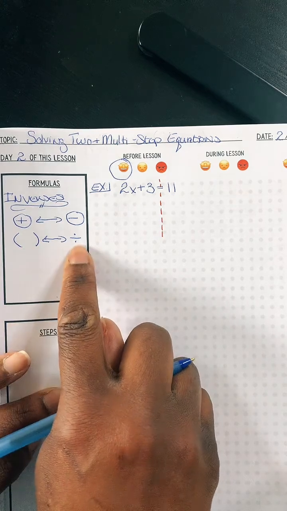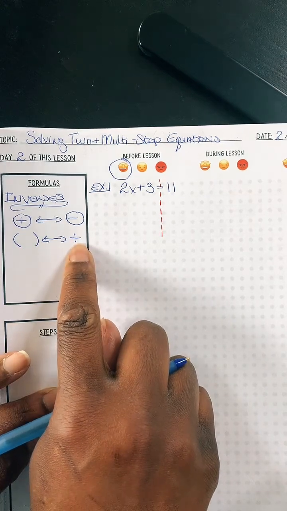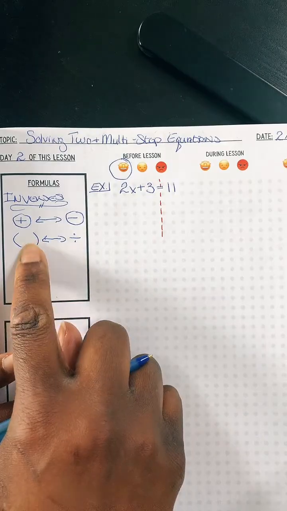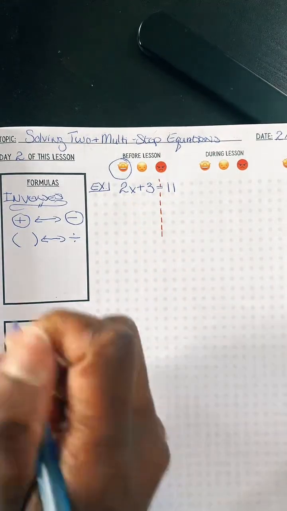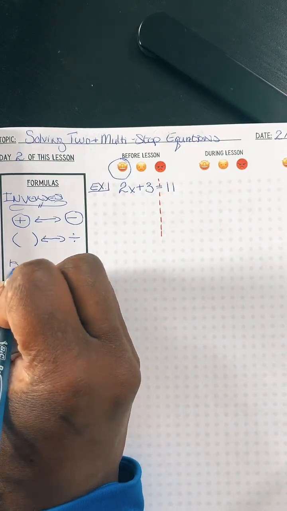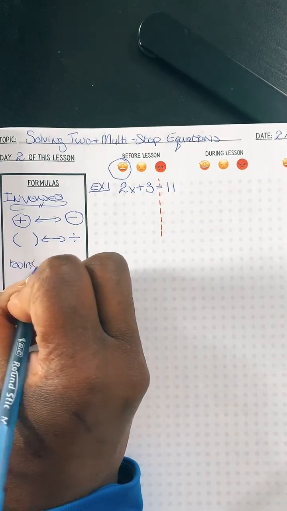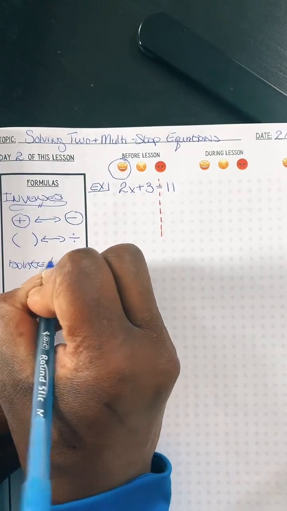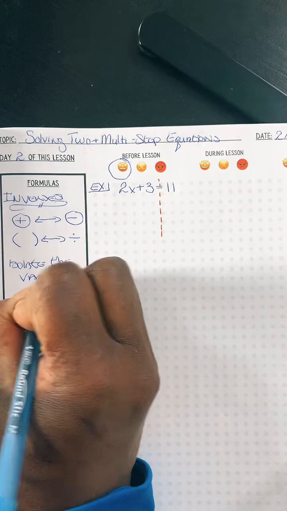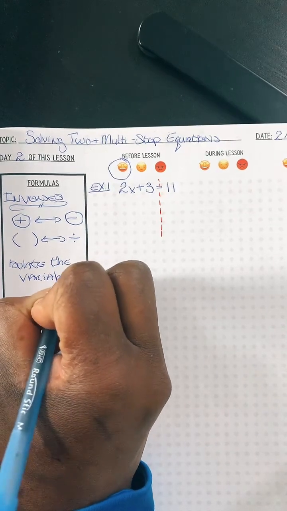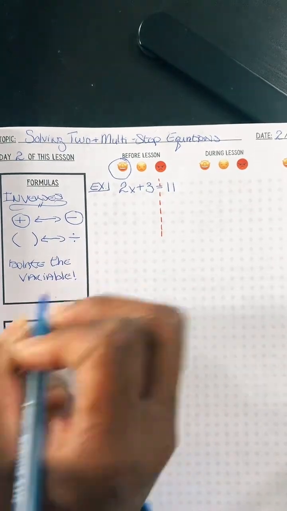Multiplication, the inverse of multiplication is division, and division, the inverse of division is multiplication. So the key thing is we want to isolate the variable. So isolation, get it by itself. If we can get that variable by itself, we are golden.